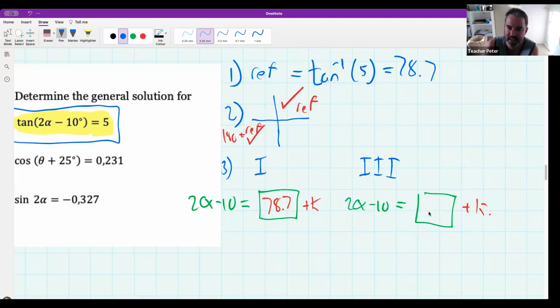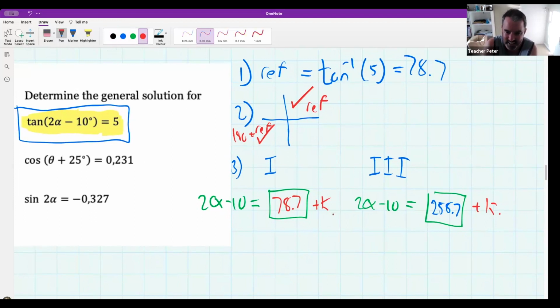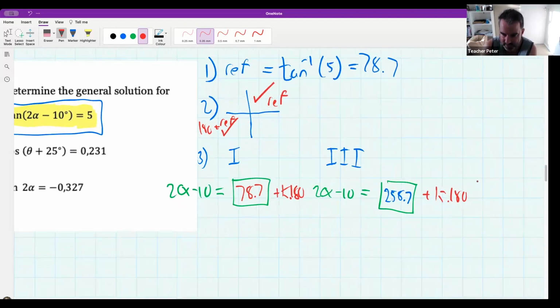So we go 180 plus 78.7, which would be 258.7. The other thing is that the tan function has a period of 180. So that is going to be plus k times 180, and that is going to be plus k times 180.